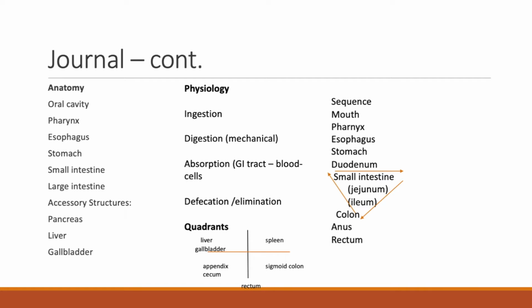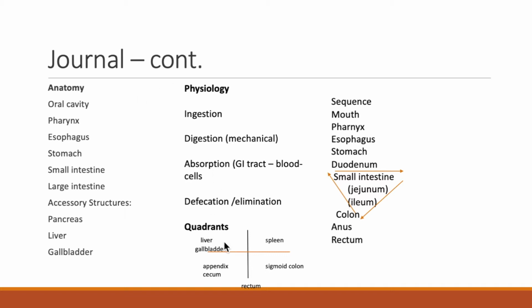Absorption in the GI tract goes to the bloodstream, and then that goes into the cells of our body. So absorption. And then defecation or elimination. If we look at the body and we divide it into 4 sections, so the left upper, the right upper, the left lower, and the right lower, and then midline.